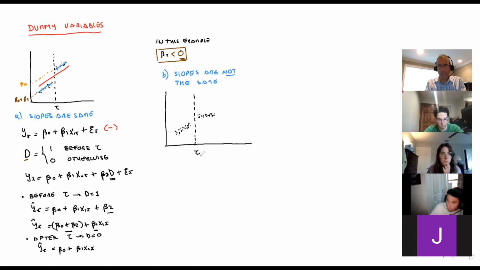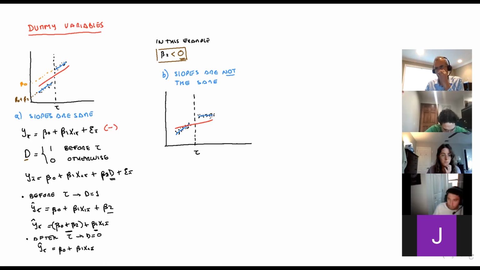Okay, so now imagine, guys, that everything is changing. The slope looks like this for this part here, and like this for this part here. You can also see that the y-intercept is different. So if you run the simple OLS model, your regression is going to look perhaps like that.